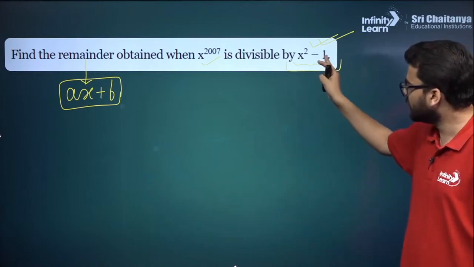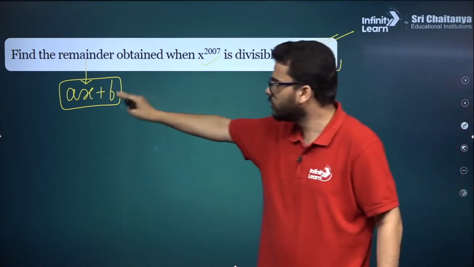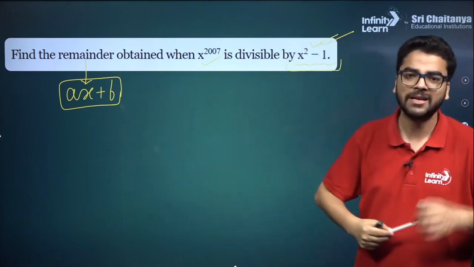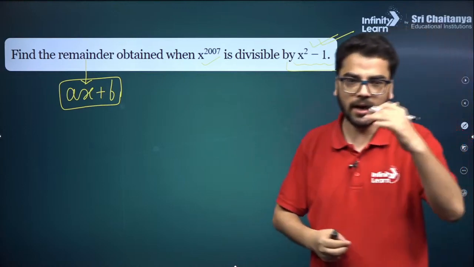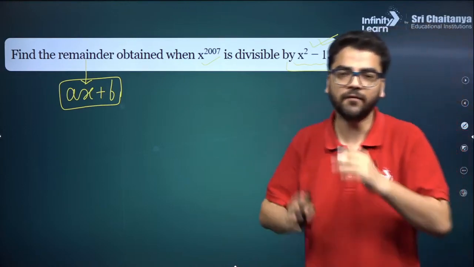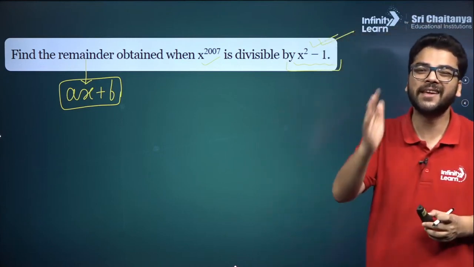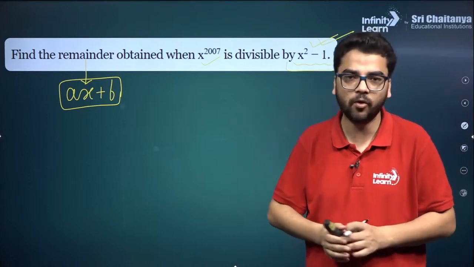If you are dividing by a quadratic polynomial, you have to assume the remainder to be a linear polynomial. If you are dividing by a cubic polynomial, you have to assume the remainder to be a quadratic polynomial. You have to assume the remainder whose degree must be 1 less than the degree of the divisor. I hope it is clear.